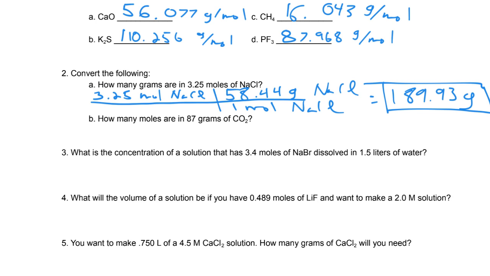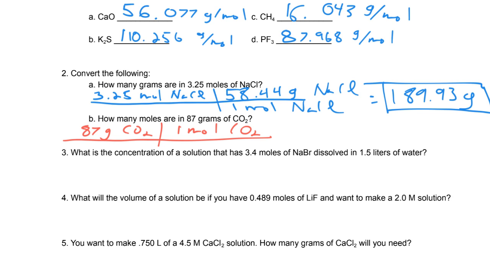So I've got 87 grams of CO2, and I need to convert back to moles. So here, I got to figure out what 1 mole of CO2 weighs, but I'll put that on the top because I want grams to cancel out.